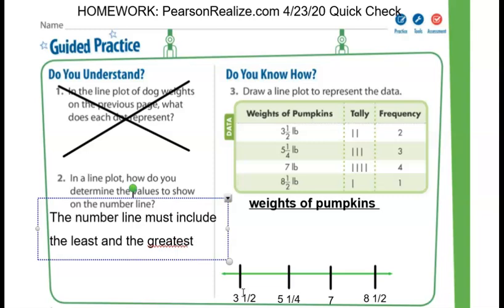If our largest value is 8.5, we don't want to stop at 7 because, again, we won't have anywhere to put 8.5. So we want to make sure that our number line includes the least and the greatest values in the data set.